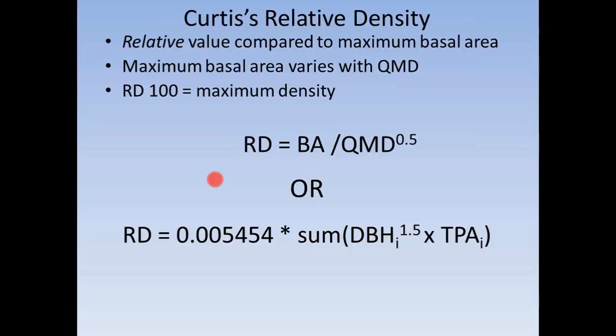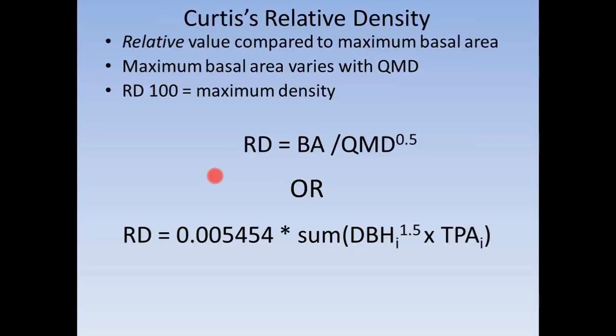What he's embodying, I would say, is that for a particular QMD, that maximum level of basal area changes. And we saw that with our data from DNR, and we'll look at that again here in a minute. So the maximum basal area varies with QMD. When you reach an RD of 100, that is presumably that maximum density line, something akin to Reineke's max SDI line.